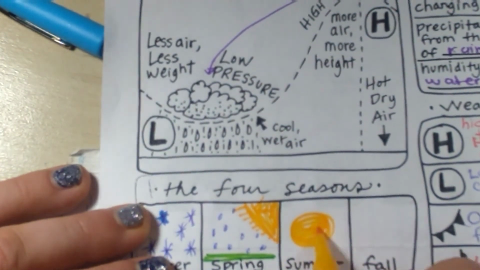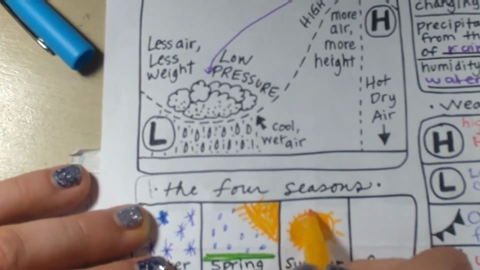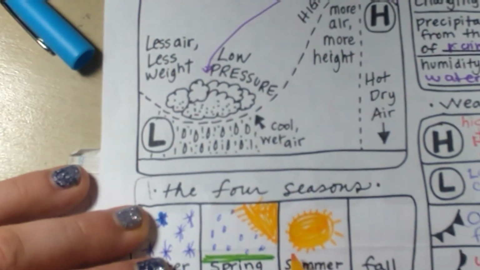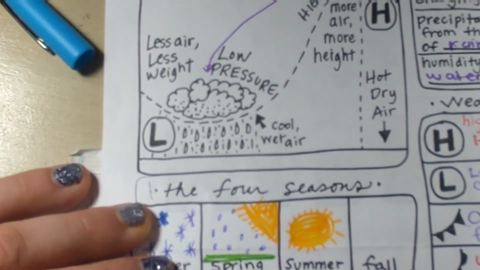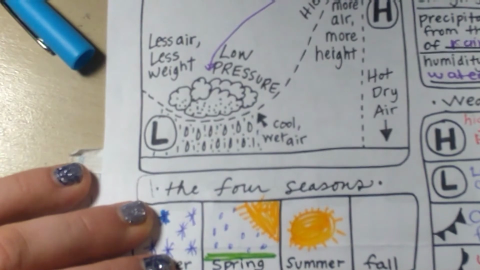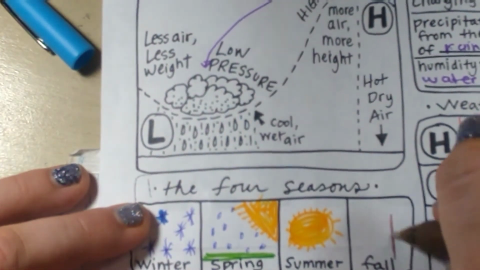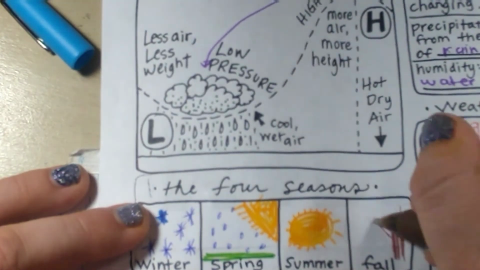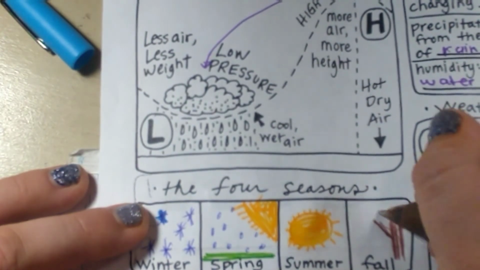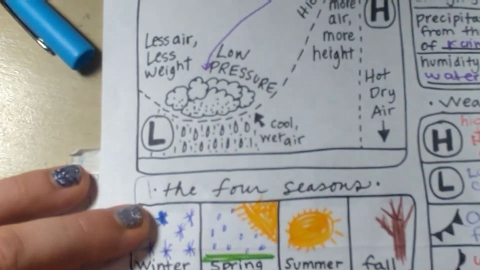And usually summer is accompanied by the afternoon rain showers, and that comes with the warm weather. Warm weather brings wet. And then the last one, which I'm going to draw a tree, is when everything starts to cool off and the areas are starting to get ready for winter.